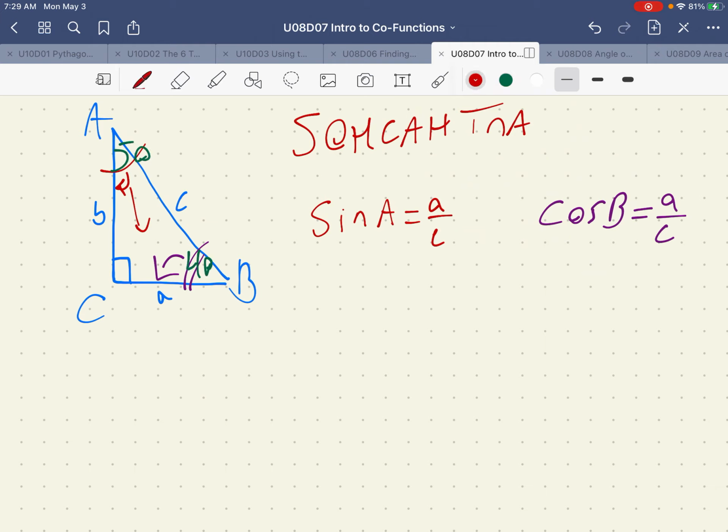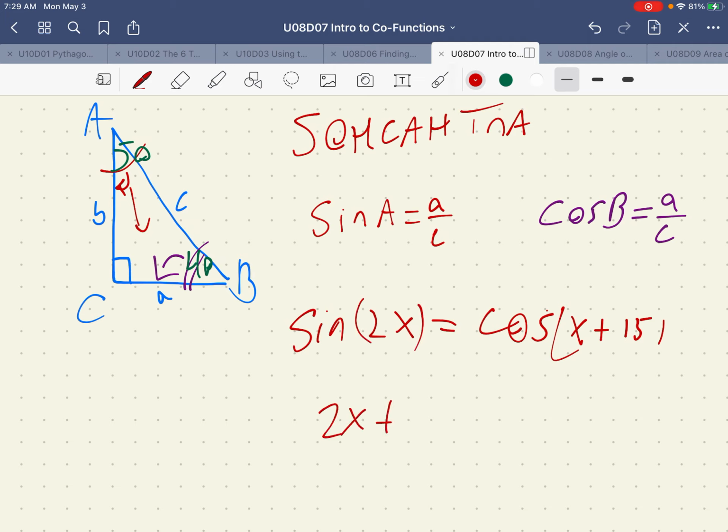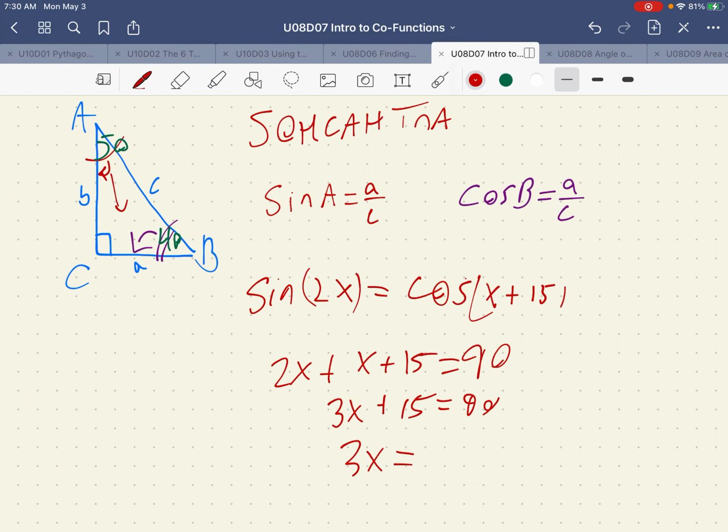So if I said that the sine of 2x was equal to, I'm making x 25 in my mind here, the cosine of x plus 15, we can write 2x plus x plus 15 equals 90. 2x plus x is 3x plus 15 equals 90, making 3x equal 75 and x equals 25.